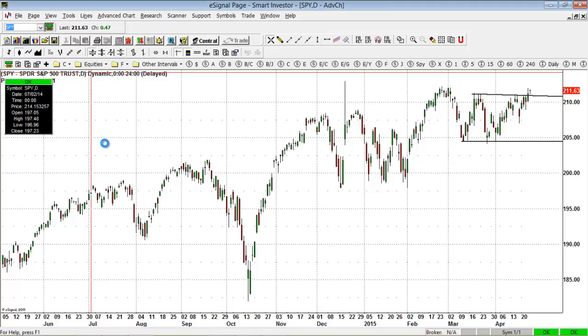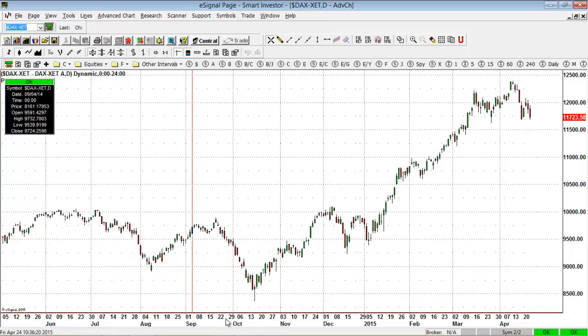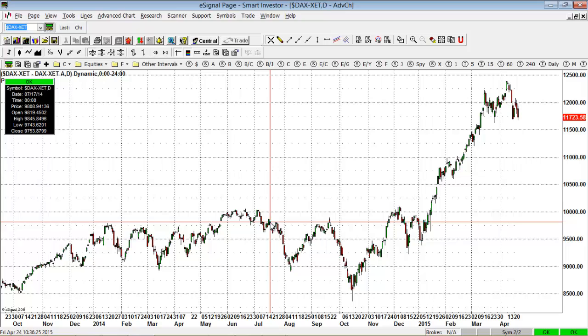Quickly looking at the German DAX, yes, we're coming off of Forex a little, and this goes to show sometimes it's good to rotate, and this lesson applies to currencies also, because between October and April here, you can see that this market is in a pretty strong uptrend.